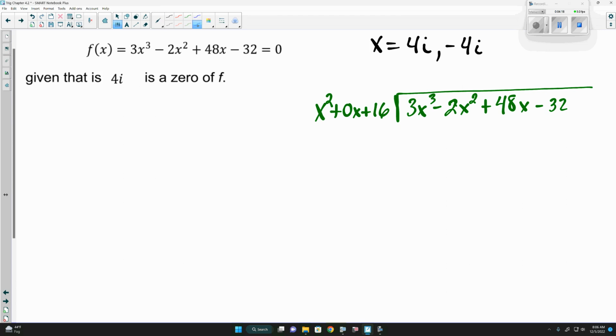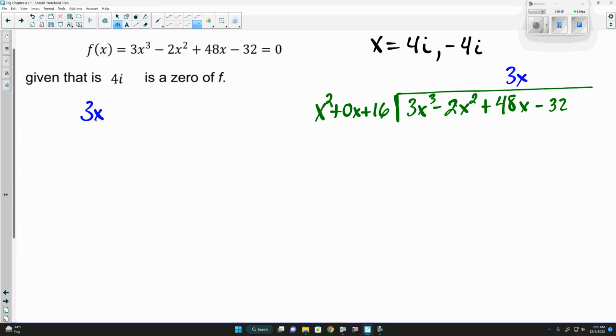Because when we look at this here, to go through the first step, what we just need to do is finish the division out, and then we will pretty much have the solution. When we look at this here, the first thing we're looking at is what times x squared will give us 3x cubed. It's going to be 3x.